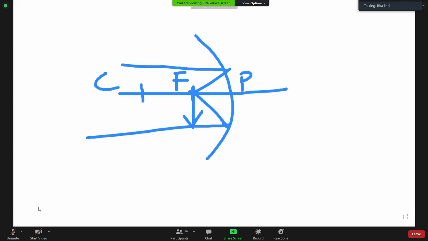This is the principal focus, exactly at this point. At that same point, the image of a particular object will be formed, and this image will be highly diminished in nature. Compared to the object, what will the image be? It will be very small in size. Besides that, a real and inverted image will be formed when the object is placed at infinity.